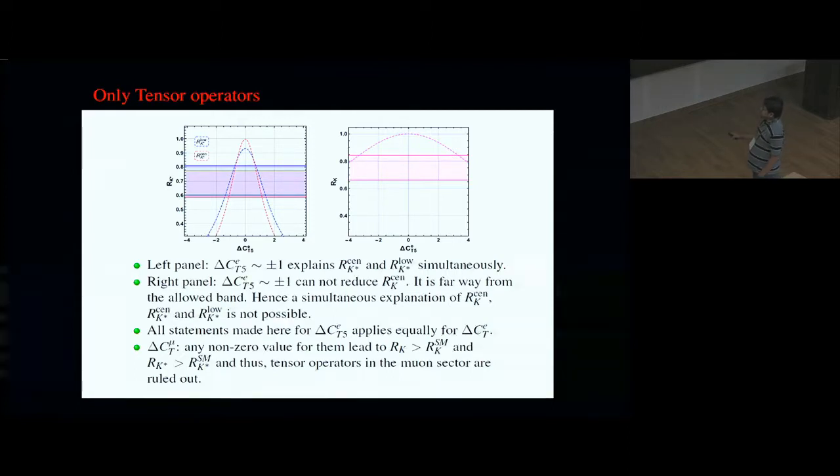All the statements made for CT5E are applicable for CTE also. Another thing is that for the mu case, if you change this delta CT mu from 0, its effect is in the opposite direction. So these operators cannot explain these anomalies.